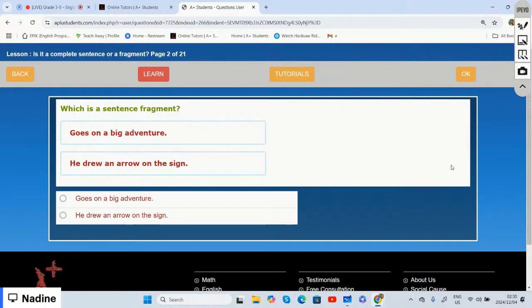So goes on a big adventure, or he drew an arrow on the sign. We need to say which is a sentence fragment.